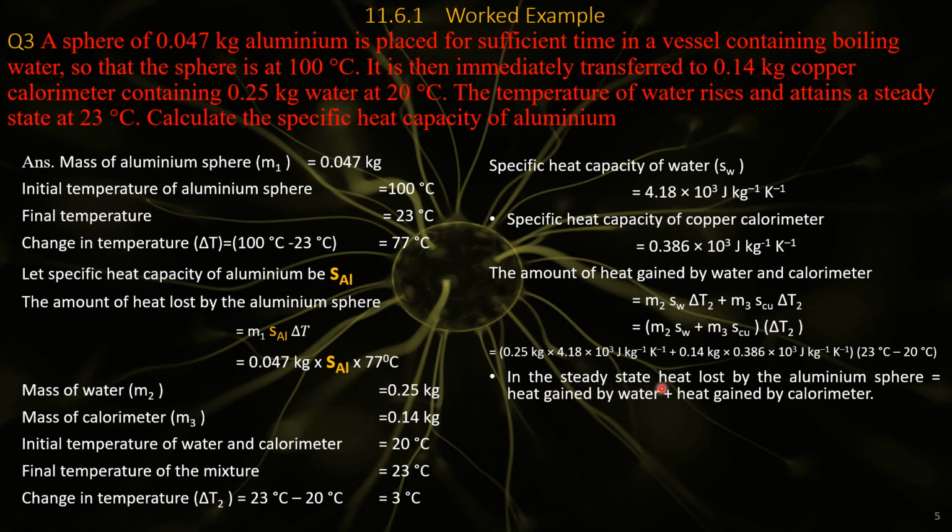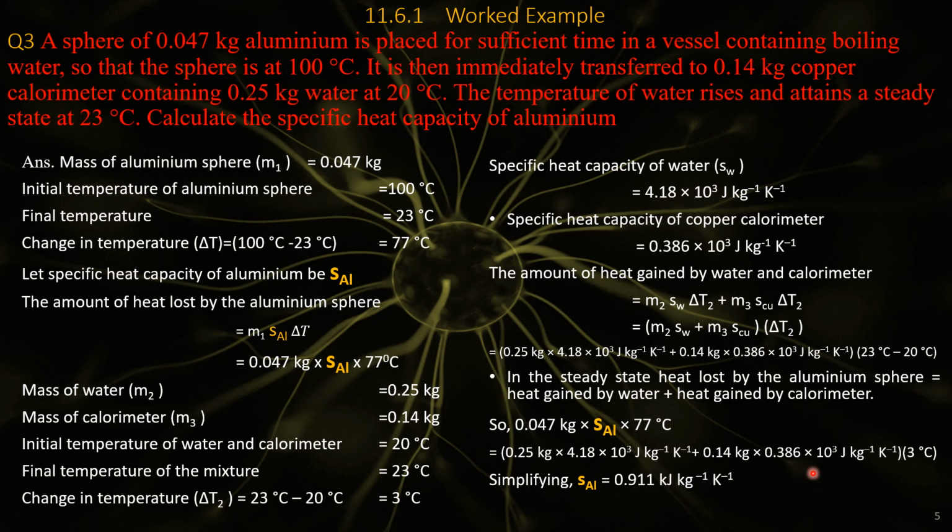In the steady state, heat lost by the aluminium sphere equals heat gained by water plus heat gained by the calorimeter. So the heat lost, from equation 1, is 0.047 kg into S aluminium, which we are required to find, into 77, equals the heat gained, which is given by the previous equation, equation number 2.